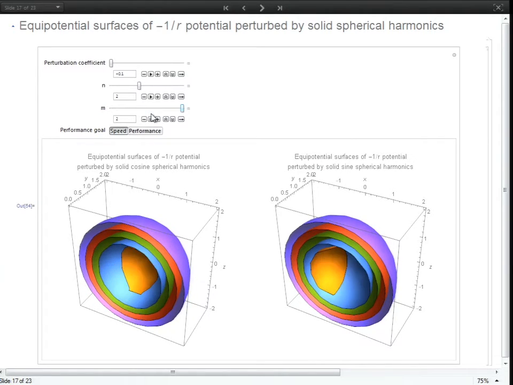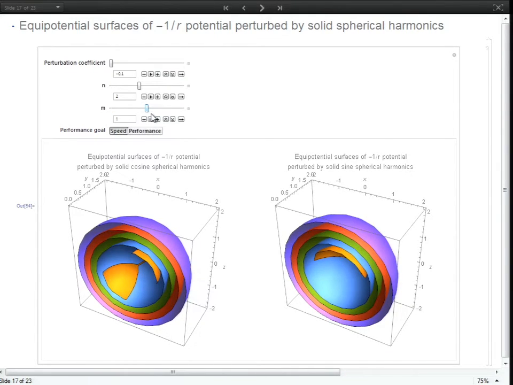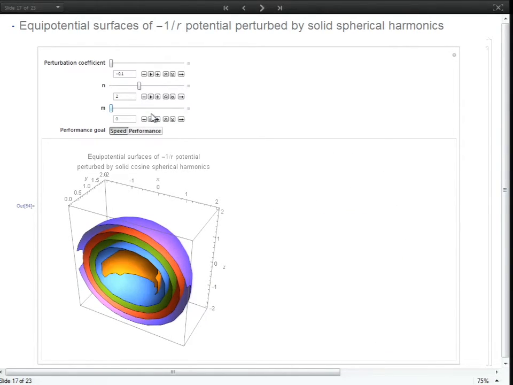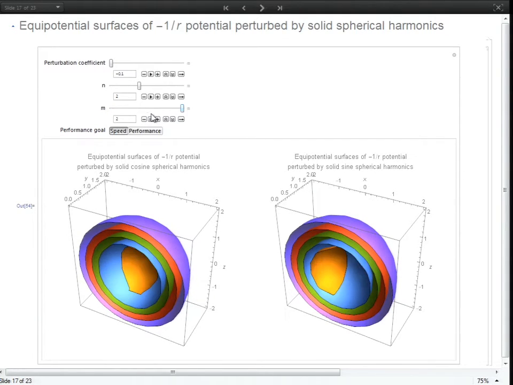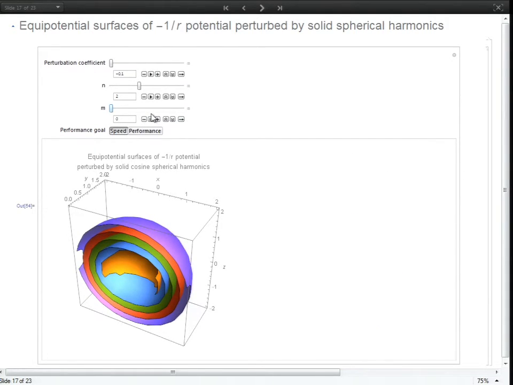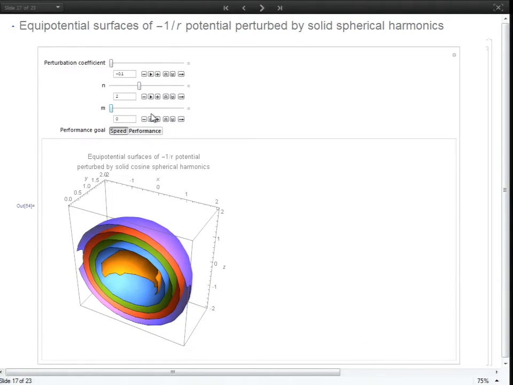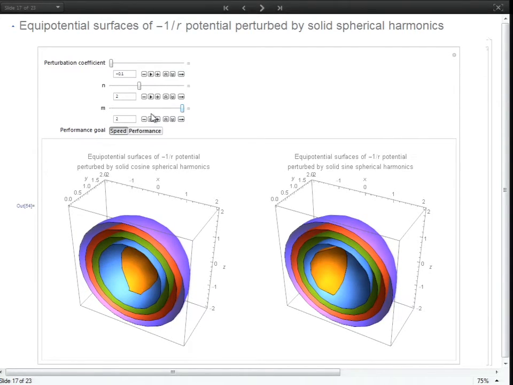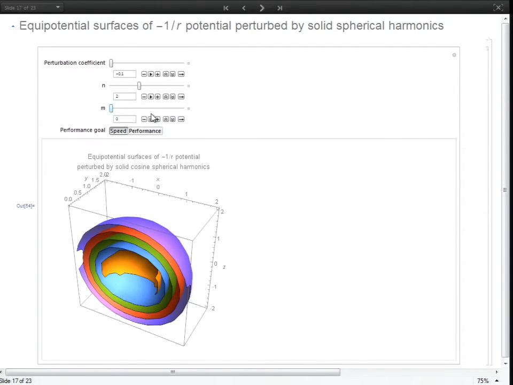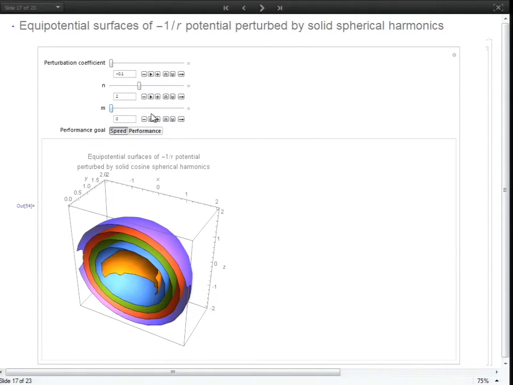What you see is that the inner equipotential surfaces have large deviations from spherical shells, whereas the farther you go out, the more they approach spherical equipotential surfaces. That means the potential approaches 1 over r.